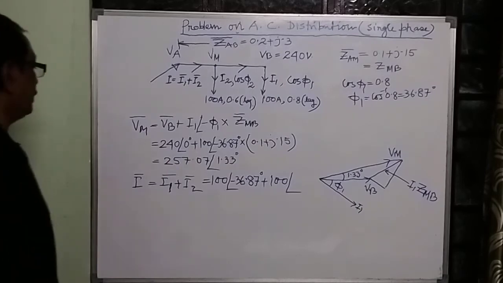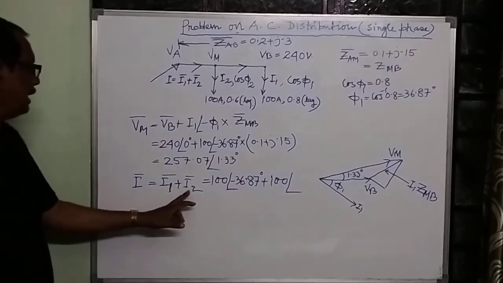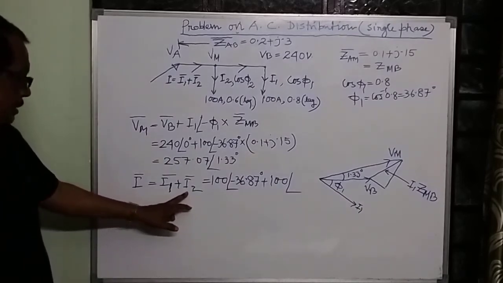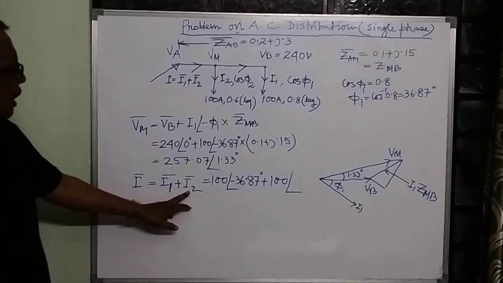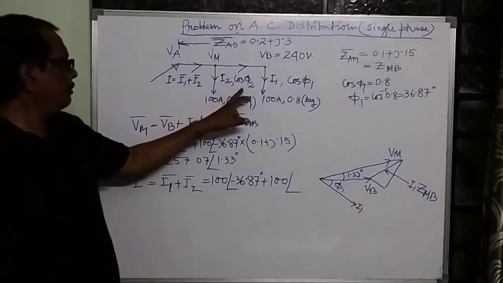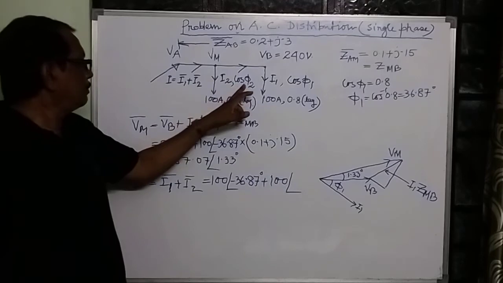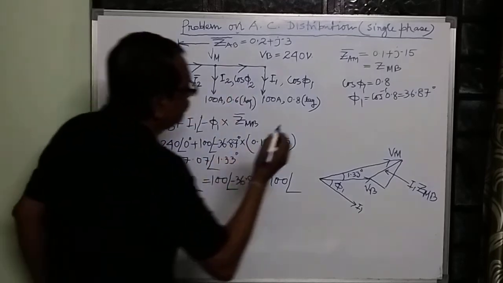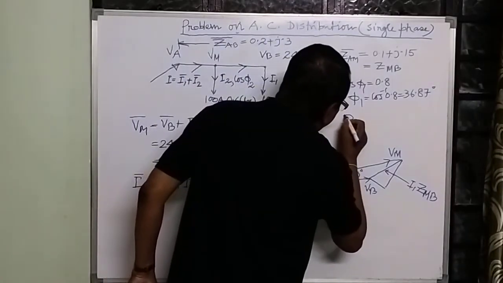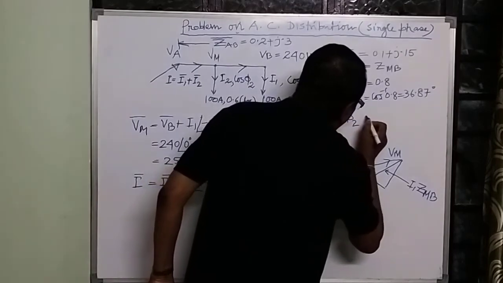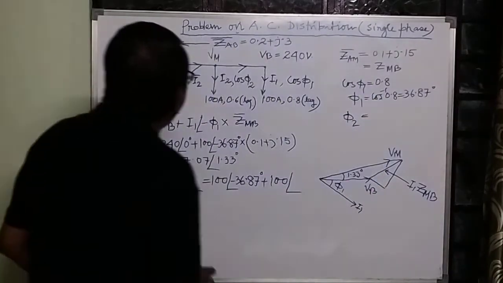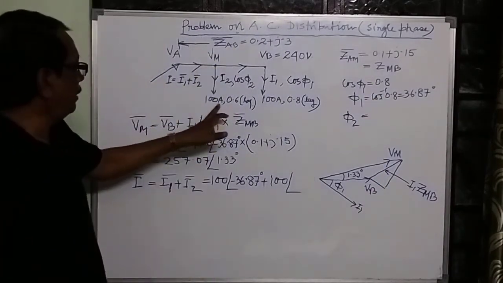There is a vital point: what is the angle here? What is I2? The angle of I2 is phi 2. What is phi 2? Phi 2 is the angle between Vm and I2.